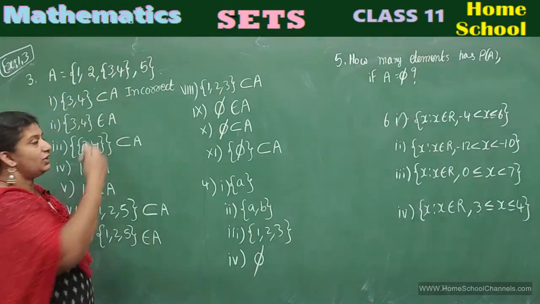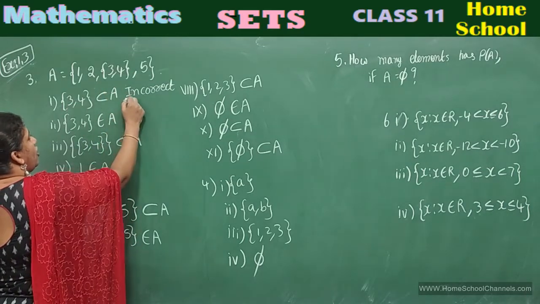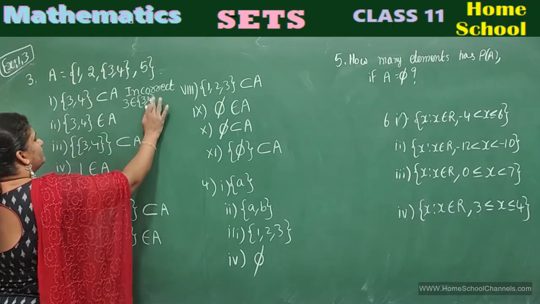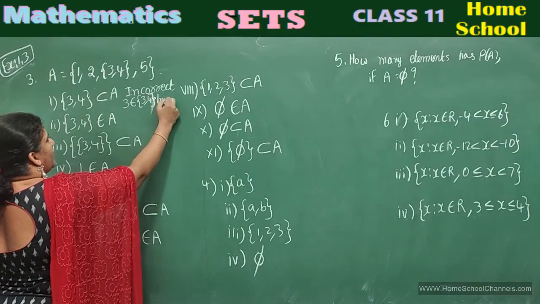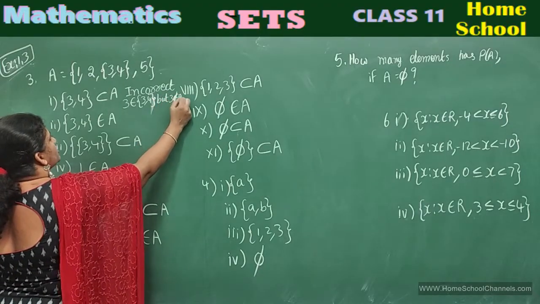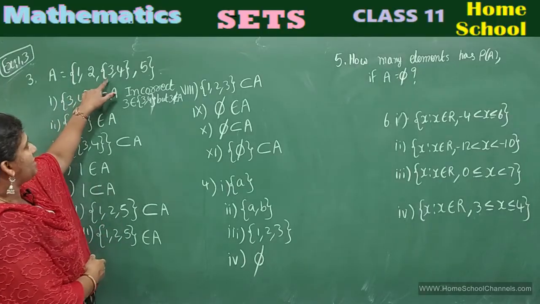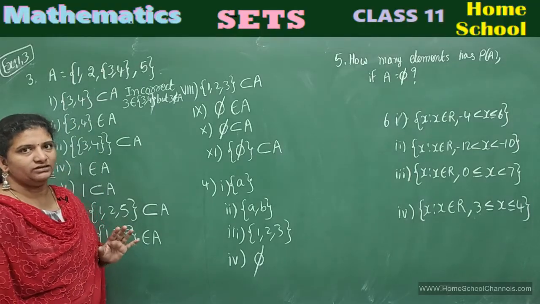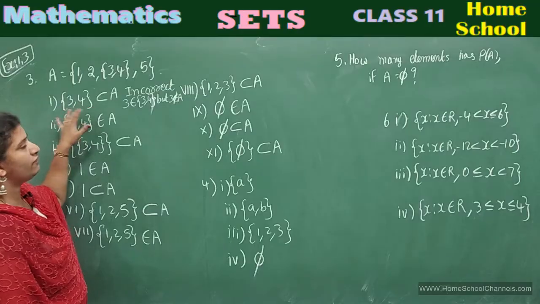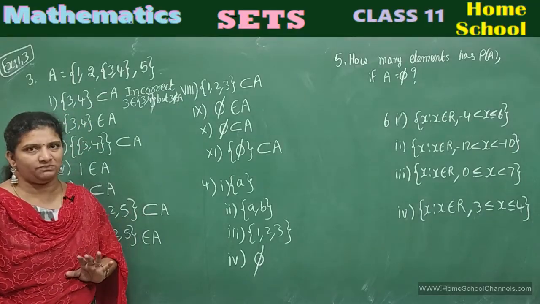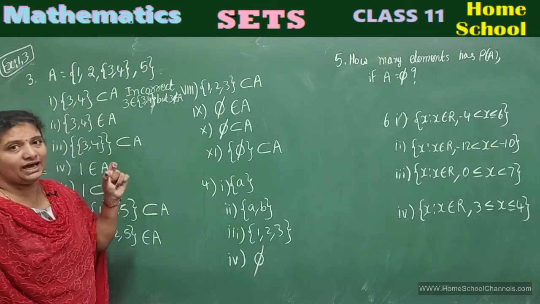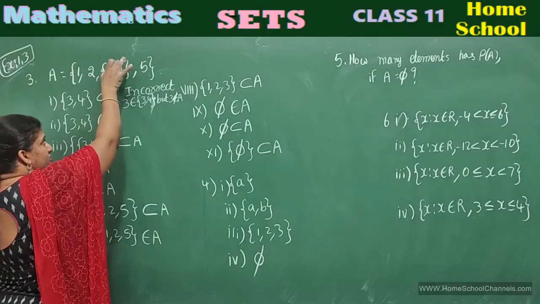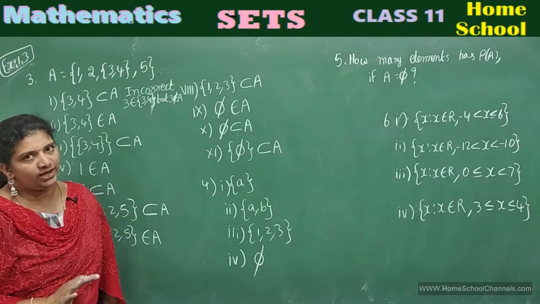You can say that 3 belongs to {3, 4}, but 3 does not belong to the set A. This 3 may belong to this, but 3 does not belong to the full set A. Therefore, the set {3, 4} is not a subset of A. So this is only an element you need to consider there.